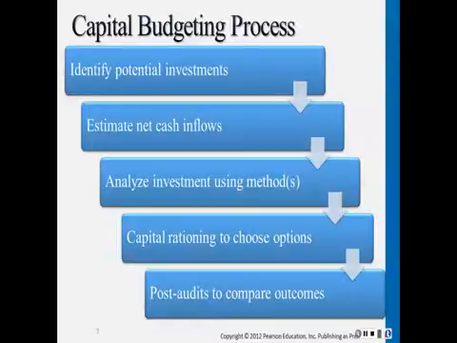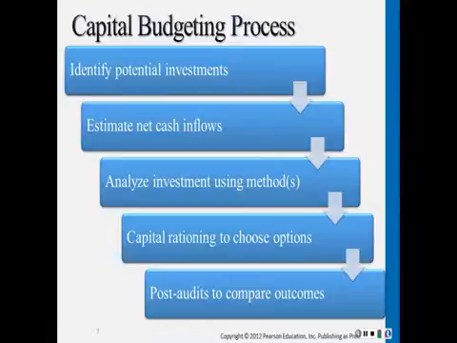After identifying potential capital investments, managers project the investment's net cash flow and then analyze the investments using one or more of the 4 capital budgeting methods described. Sometimes the analysis involves a 2-stage process. In the first stage, managers screen the investments using one or both of the methods that do not incorporate the time value of money: payback period or accounting rate of return. These simple methods quickly weed out undesirable investments.